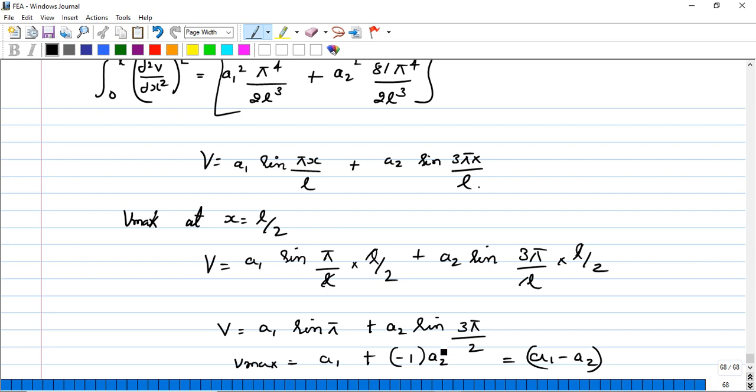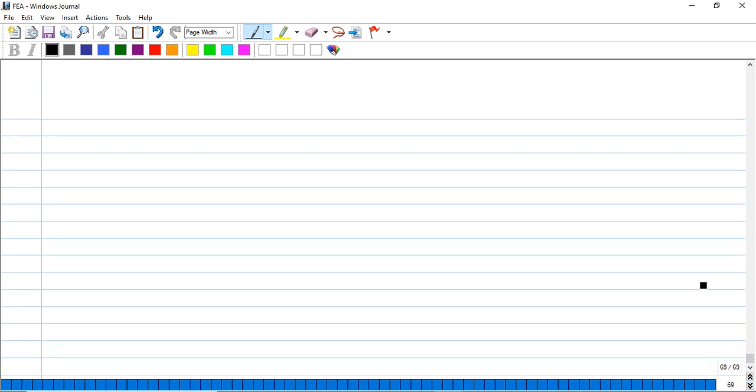Finally, the equation will be in this form, that is the potential energy functional, equal to EI by 2 integration. Integration is done, need not represent, we have successfully implemented that.